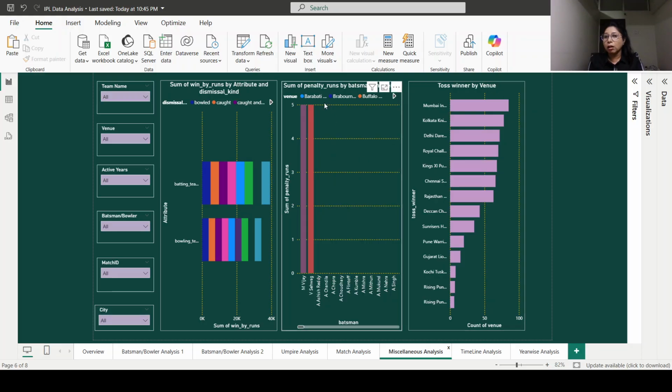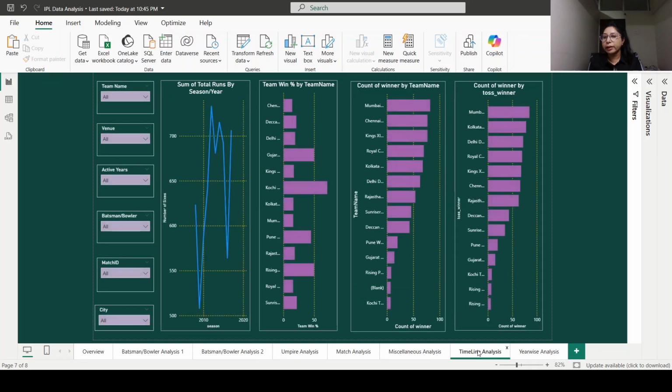Then penalty of runs by batsmen, also we have 2 of them here. Again, for the bowling and batting team, the dismissal ratio is given here. Then we have a timeline analysis to understand whether over the years there has been an increase in the runs scored by the batsmen, or whether the value has diminished.